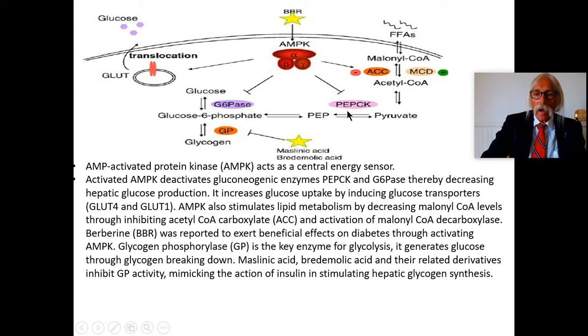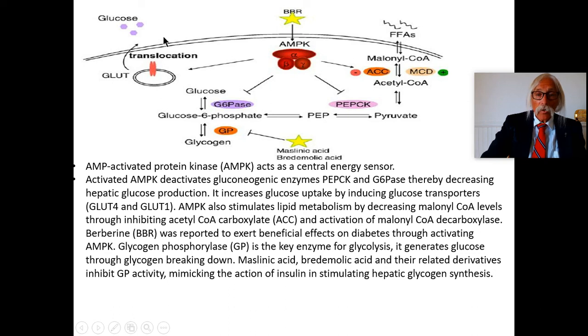PEP carboxykinase takes pyruvate, converts it to PEP, and then in gluconeogenesis to make glucose 6-phosphate, and then either glucose or glycogen, right? But AMP kinase is going to block the glucose 6-phosphatase, so you're not going to make free glucose. So this is a liver cell, right? You're going to be blocking gluconeogenesis because this enzyme is blocked. That's a gluconeogenic enzyme. You're going to be blocking fatty acid synthesis.